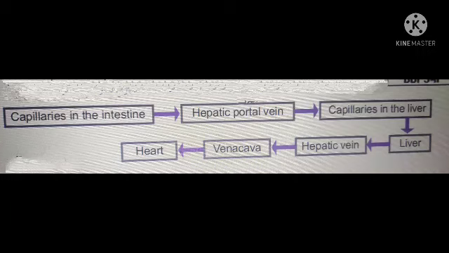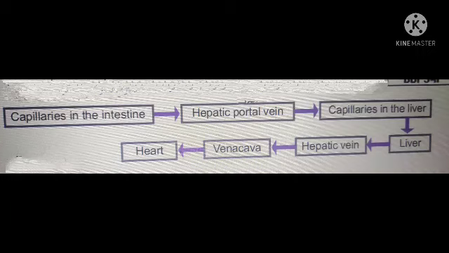It's a type of portal vein. Through this hepatic portal vein, the blood gets transported to the capillaries in the liver. Then the capillaries transport the blood to the liver.